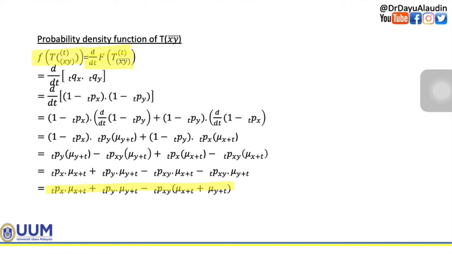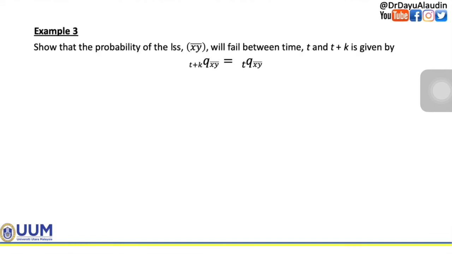So now we try example 3. Show that the probability of the LSS will fail between time t and t plus k is given by the probability of death, qxy to t plus k is equal to qxy to t.